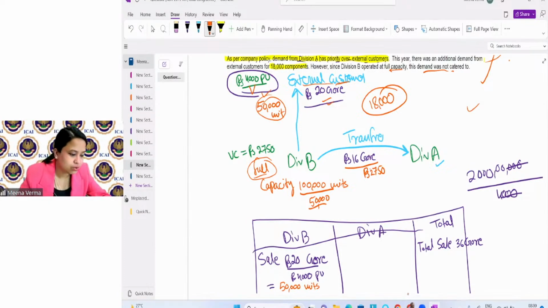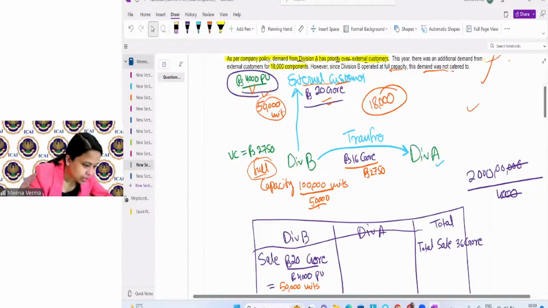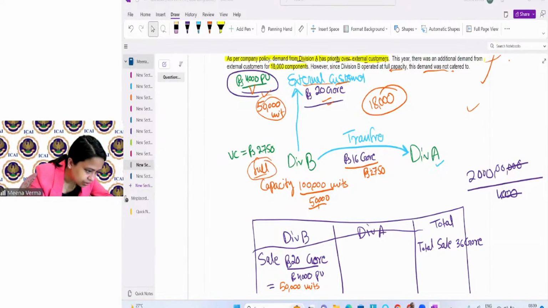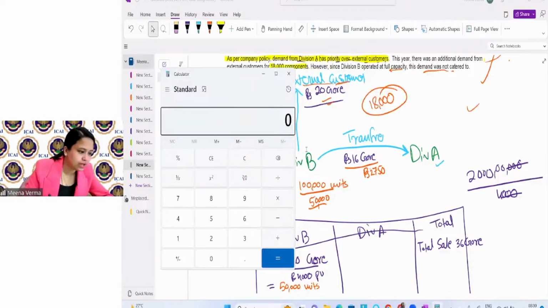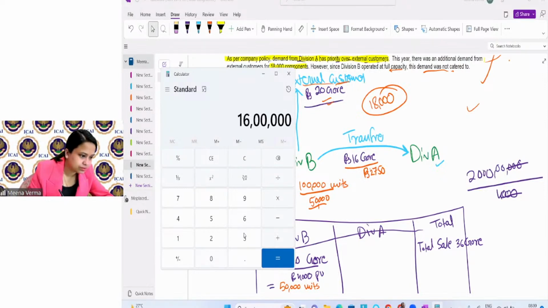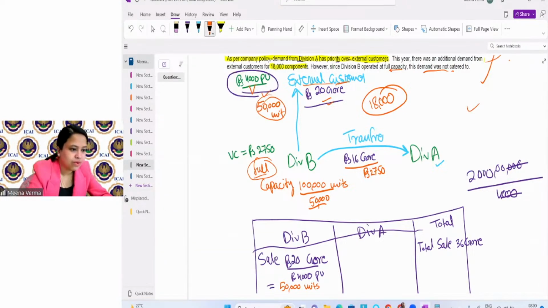Okay, let's do it. I don't know, so I have to calculate it using a calculator. So I have 16 crore. I'll divide it by 2750. How many units is it coming to?